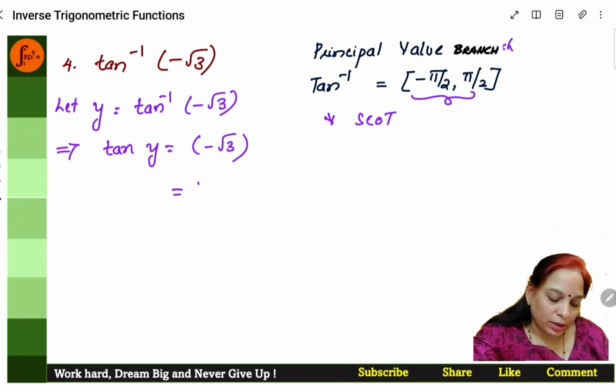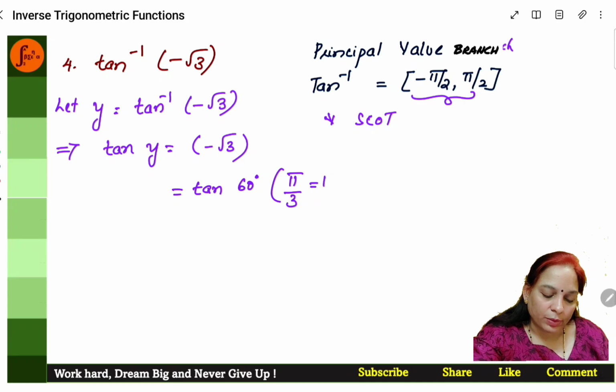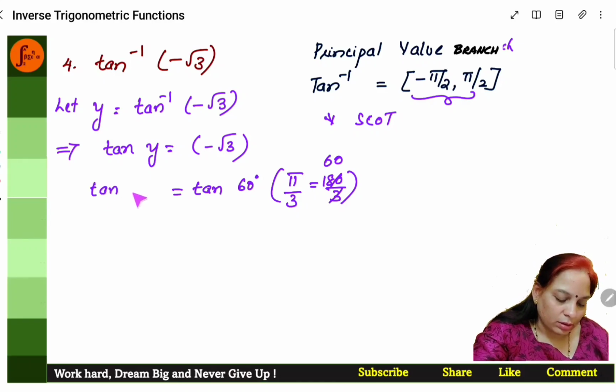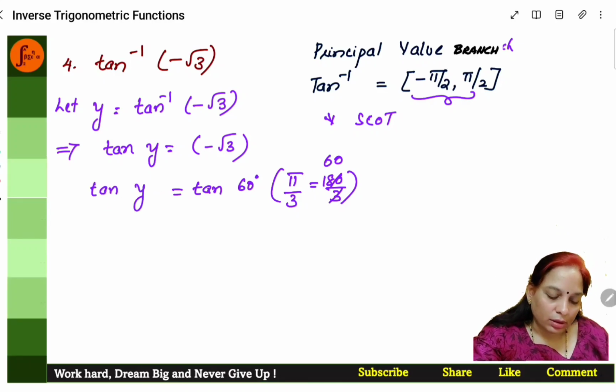Now, in the trigonometric chart, where does this root 3 fall under? It's nothing but tan 60 degree. What is tan 60 degree? It's pi by 3, which is 180 by 3, which is 60 degree, pi by 3. So, there is minus here, so we can put minus here, minus tan 60.